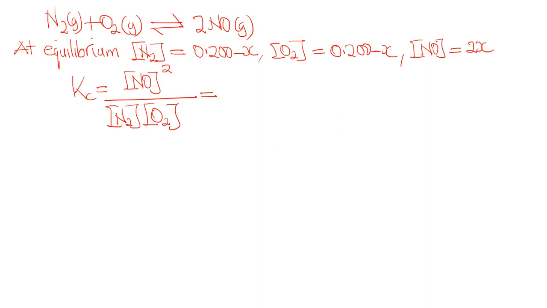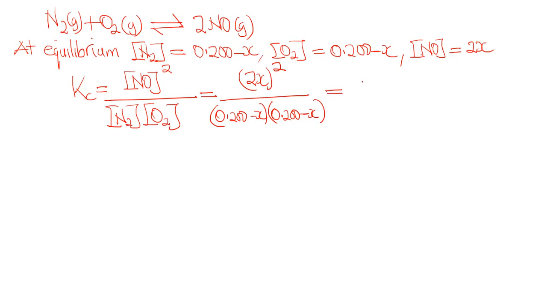So what we are going to do is just to substitute these concentrations by these values here. So nitrogen monoxide, we have 2x, but this is squared. Down here, we have 0.200 minus x for nitrogen and 0.200 minus x for oxygen.